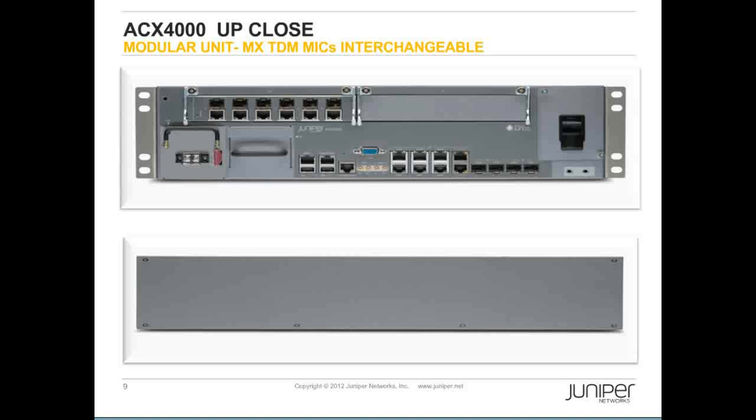So the platform can take one of the 3 MIC cards available: 6 Gigi copper SFP combo, or 16 T1/E1, or 4-port OC3, 1-port OC12. So if it's all Ethernet, you can have up to 22 Gigi ports and 2 10 Gigi ports, including the one on the baseboard. From left to right, it's pretty much the same lineup on the baseboard.